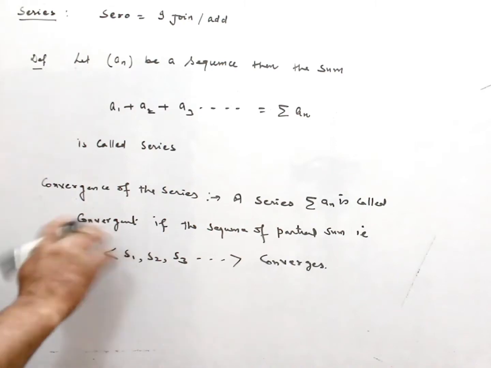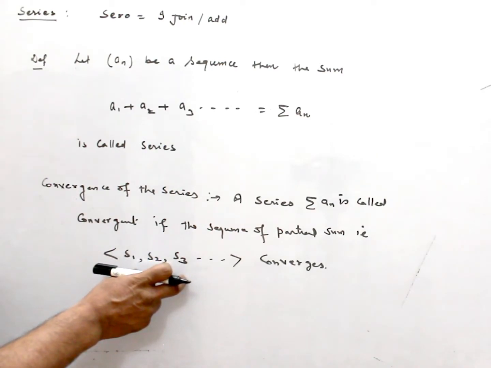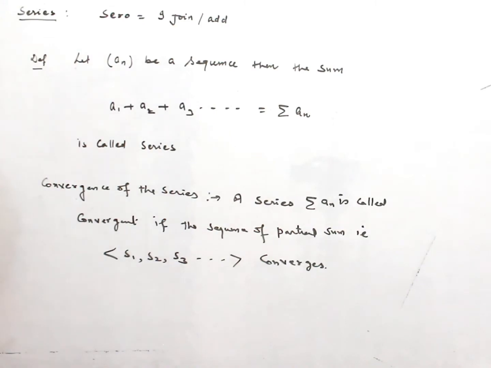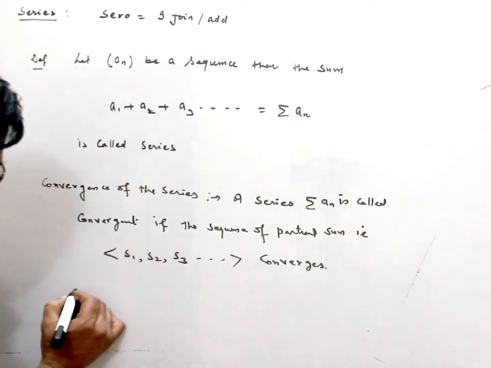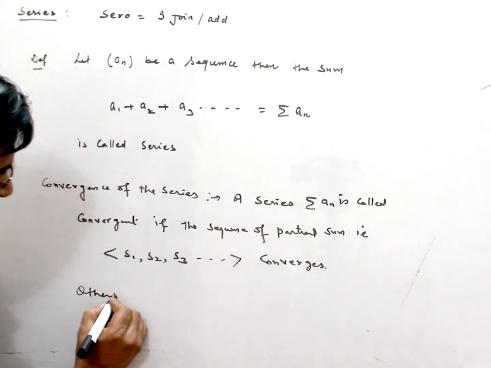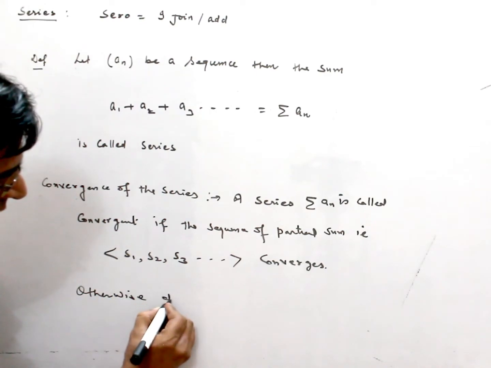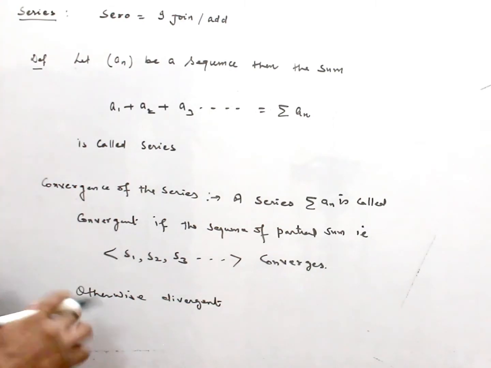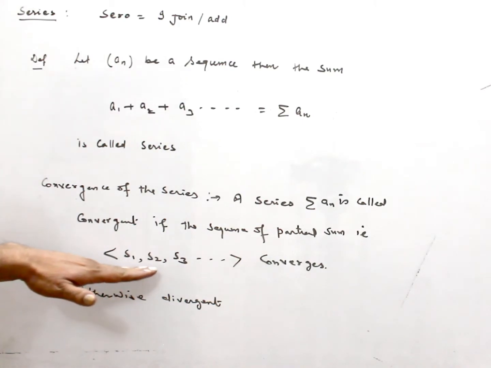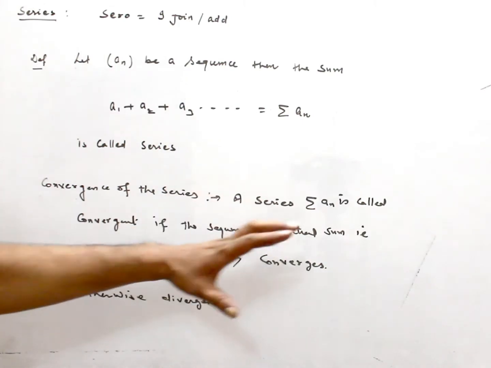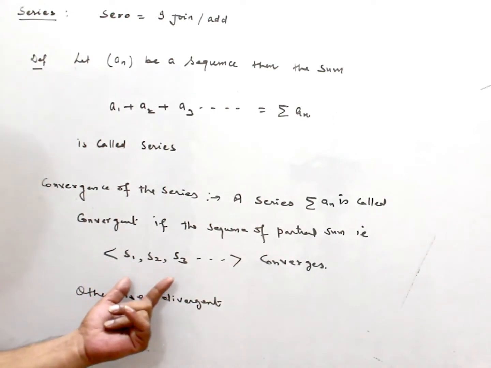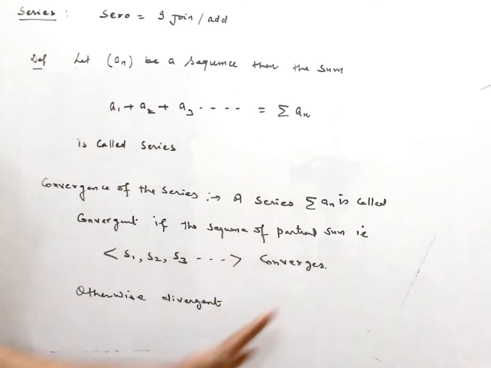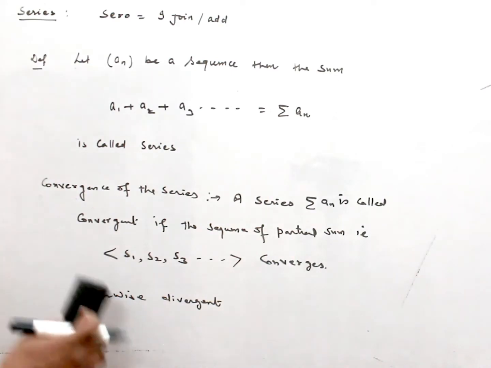Otherwise divergent. If this sequence is not convergent, then we say it is divergent. Convergent means that this sequence converges to some finite number, we say it is convergent. So now you see one example, a simple example we can see.